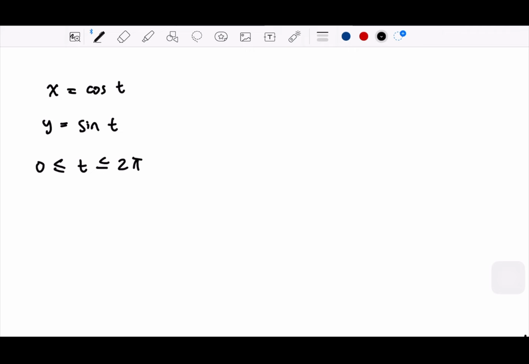At t equals 0, our x is 1 and our y is 0, so this will be the point (1, 0).